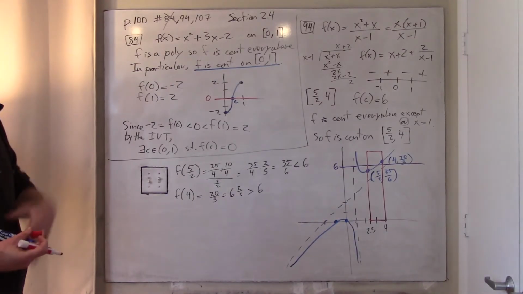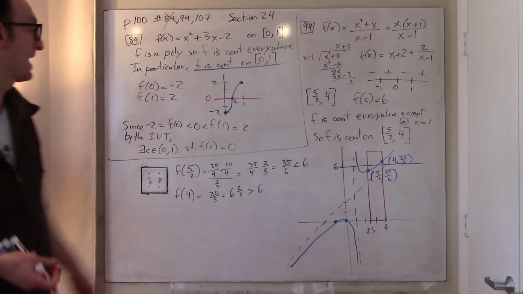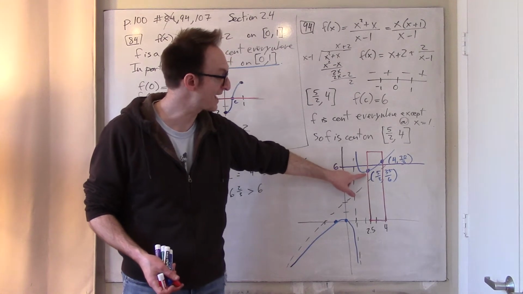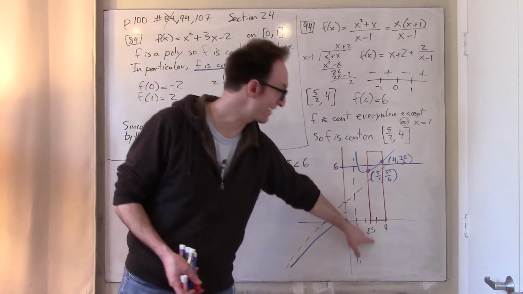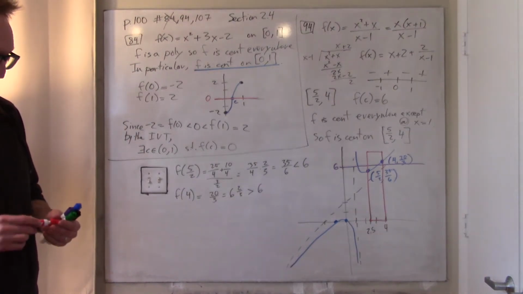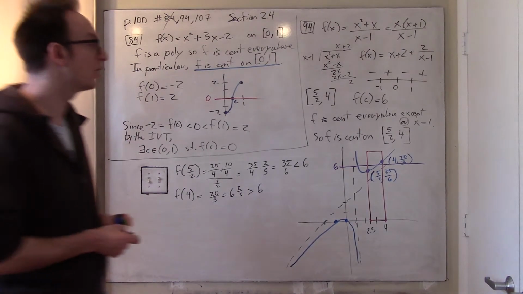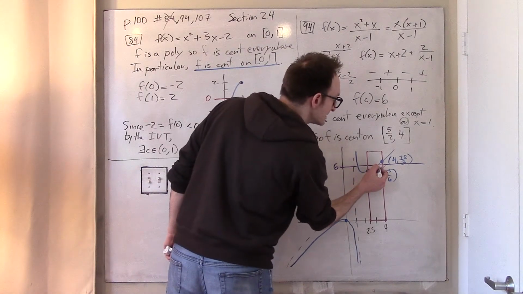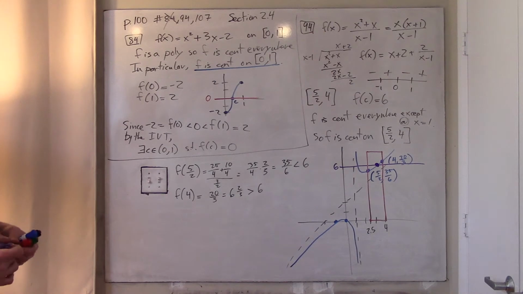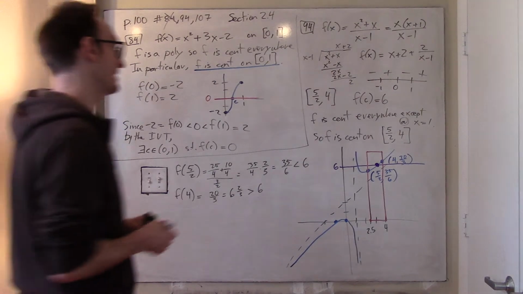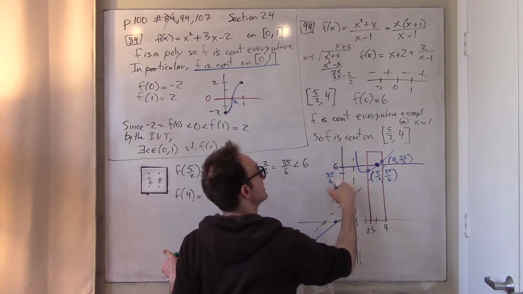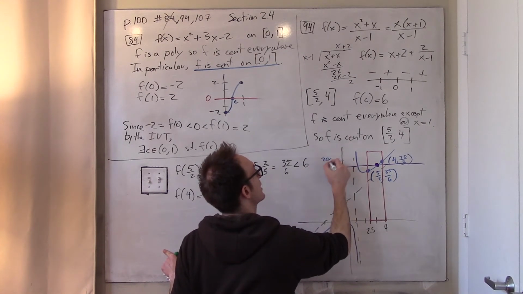Inside this red rectangle, I have a continuous function, and at the beginning of the interval, at 5 halves, the value of the function is less than 6, but at the end of the interval, the value of the function is greater than 6. And so, the intermediate value theorem says that the function must be 6 somewhere. This right here is 35 sixths. This right here is 20 thirds.